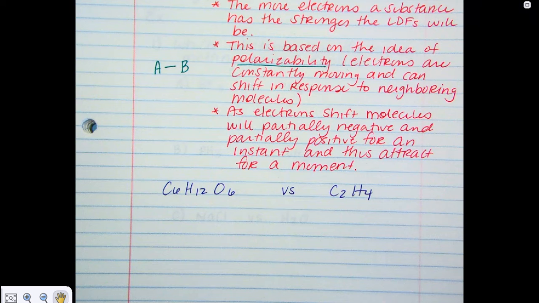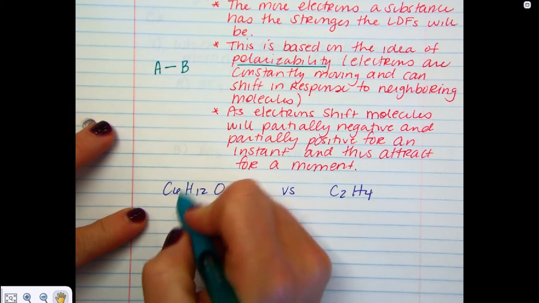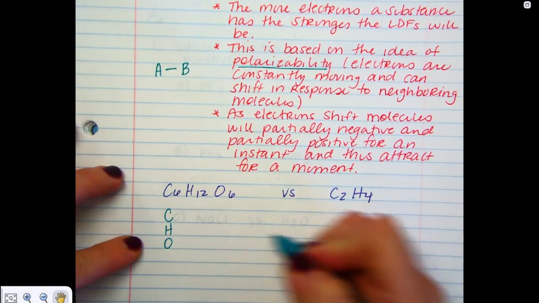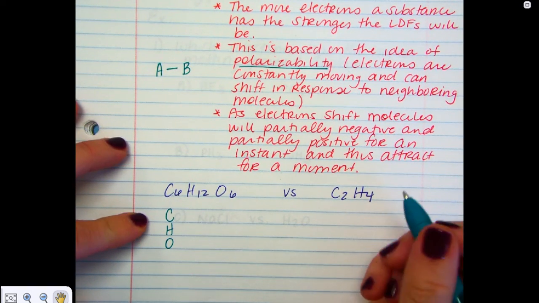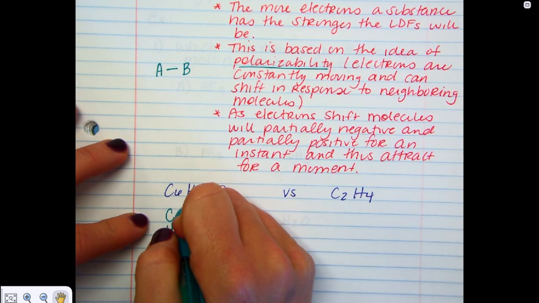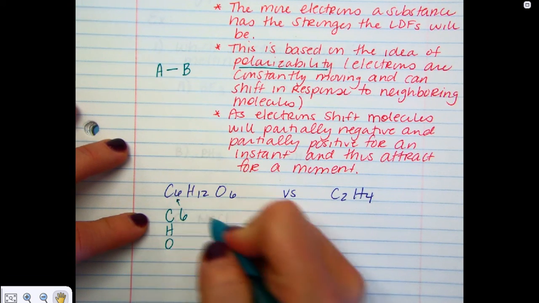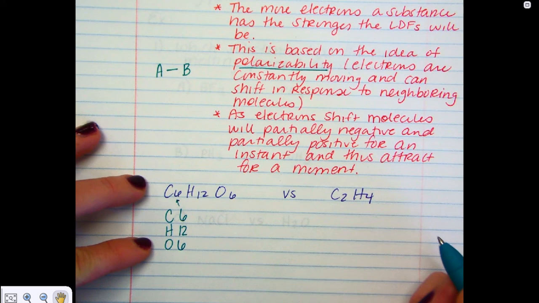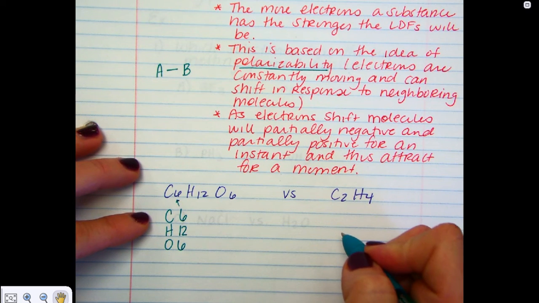So how do we calculate the number of electrons here? I'm going to calculate my number of electrons by looking at how many electrons each atom has multiplied by the number of atoms. So I have 6 atoms of carbon, 12 atoms of hydrogen, and 6 atoms of oxygen. I look at the periodic table.